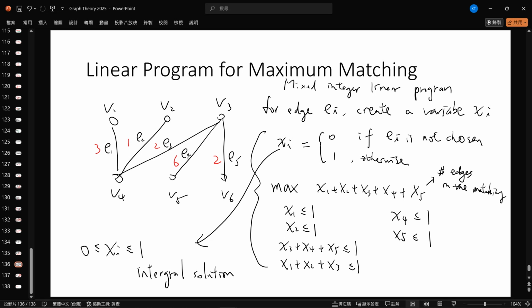So we have the same set of variables, xi. If it is 1, this means ei is chosen. And after we have the variables, the second step is to figure out the objective function. So what is the corresponding objective function?